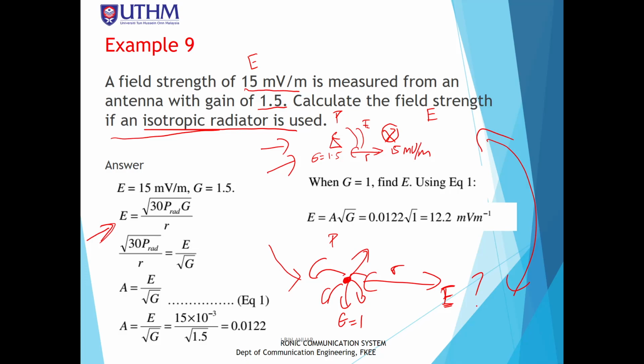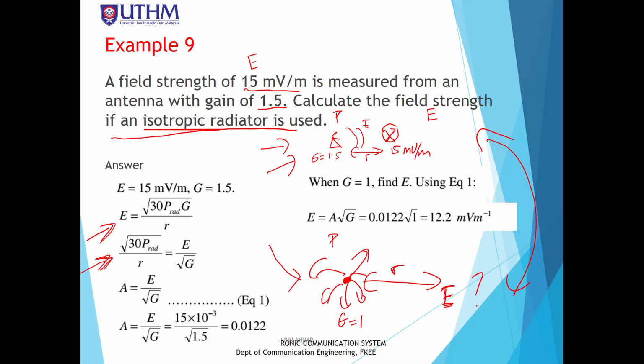Then we rearrange the equation: square root of 30 times P radiation divided by R is equal to E over square root of G. Why does the solution do it like this?